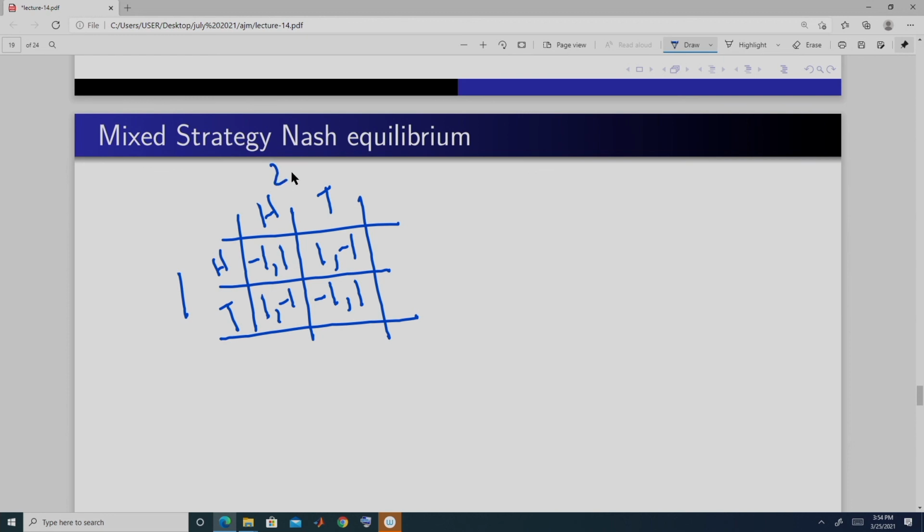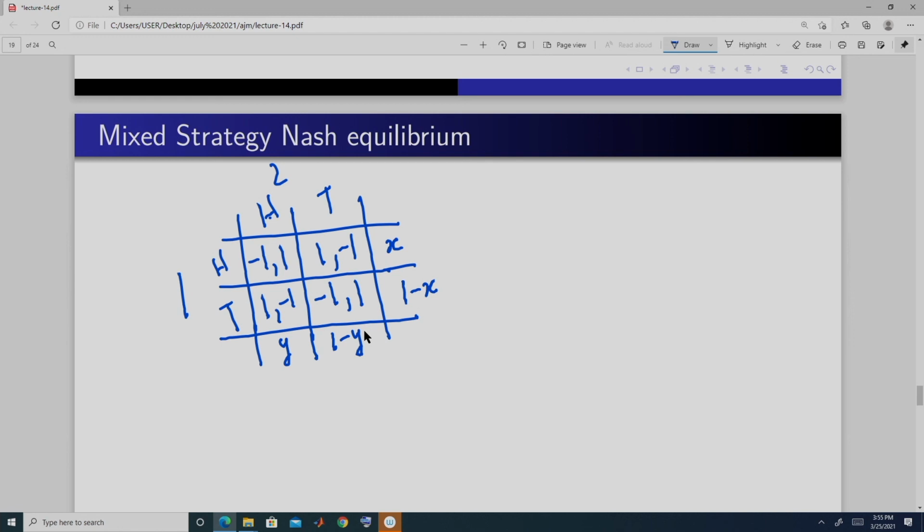Suppose player 1 attaches probability x to this action H, and 1 minus x to this action T. And player 2 attaches y to this strategy H and 1 minus y to this strategy.